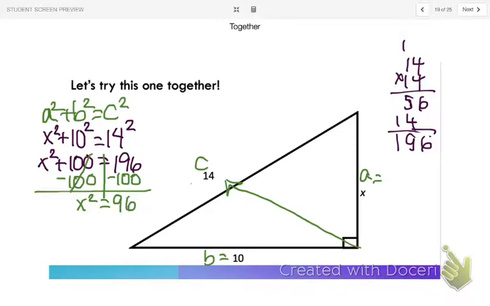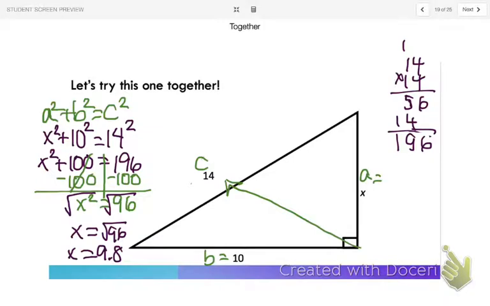Then I can do the square root of both sides, and x is equal to the square root of 96, which is equal to, let's put that in the calculator. X is equal to 9.79. So we're going to round to the nearest tenth. So 9.8. Okay, make sure you have that in your notes.